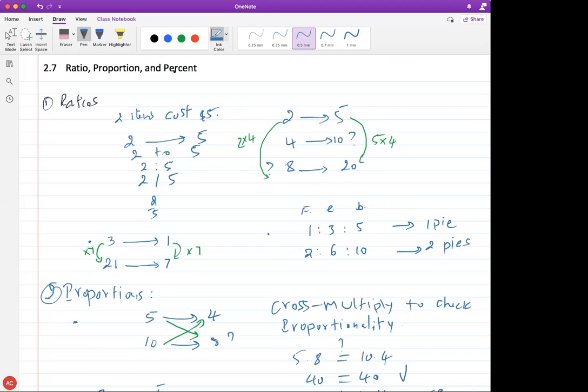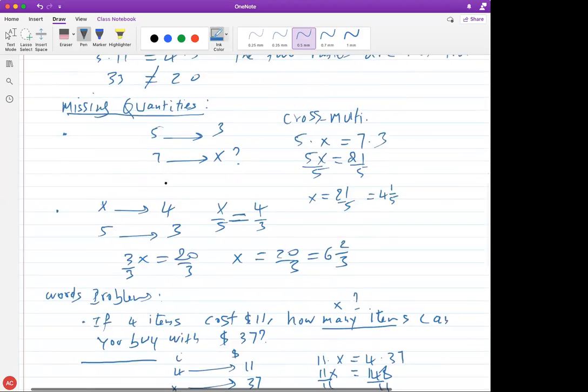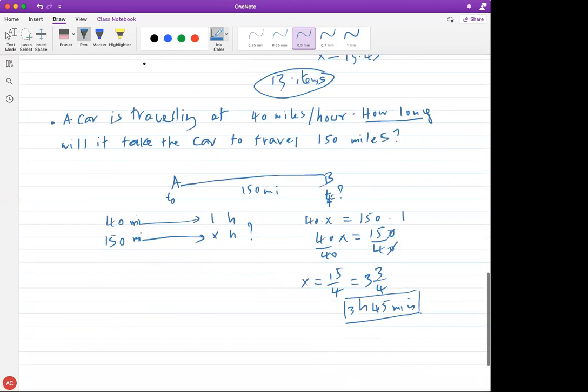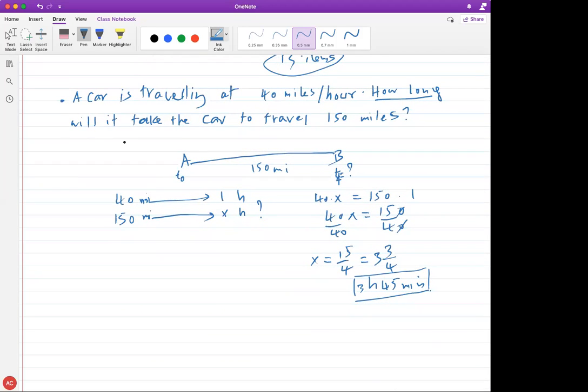Finally, we're going to talk a little bit about percents. Percents are another very important topic here. Again, not only for this math class, but that's something you use pretty much all the time, whether you're cooking, you're shopping, or you're doing your finances, or estimating things.